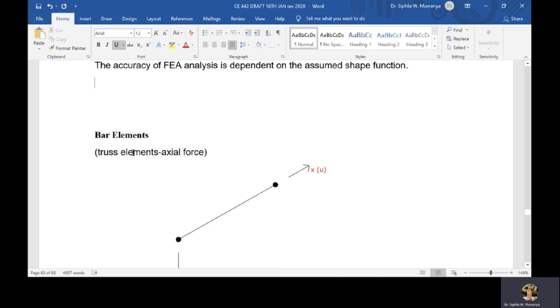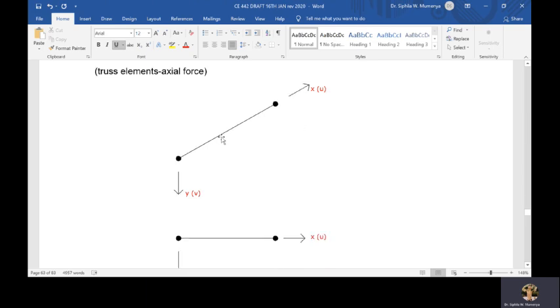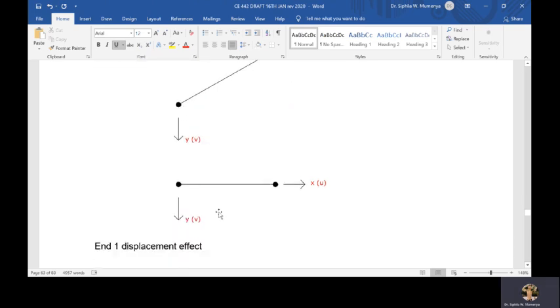To illustrate, let's look at a bar element. For example, in a truss, you have truss elements which suffer axial forces. And you have two nodes, as shown, node 1 and 2, and you have displacements in the local coordinate system. You have a displacement in x, which is what we call u, and you also have a displacement in y, which we call v, as shown.